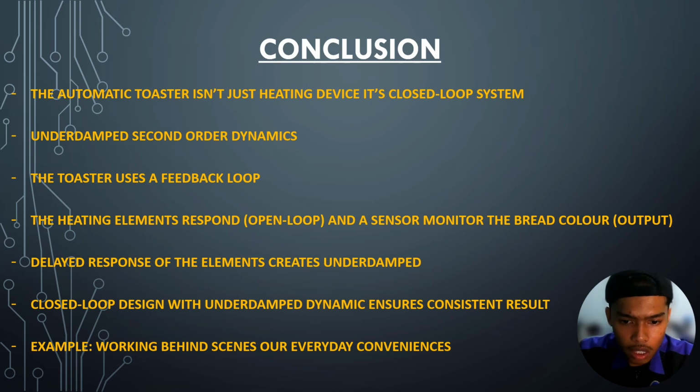You set the desired darkness, the heating element responds, and the sensor monitors the bread's color as output. The feedback compares it to your preference and adjusts the heating if needed. This closed loop design with underdamped dynamics ensures consistent results. A delightful example of engineering working behind the scenes of everyday convenience.